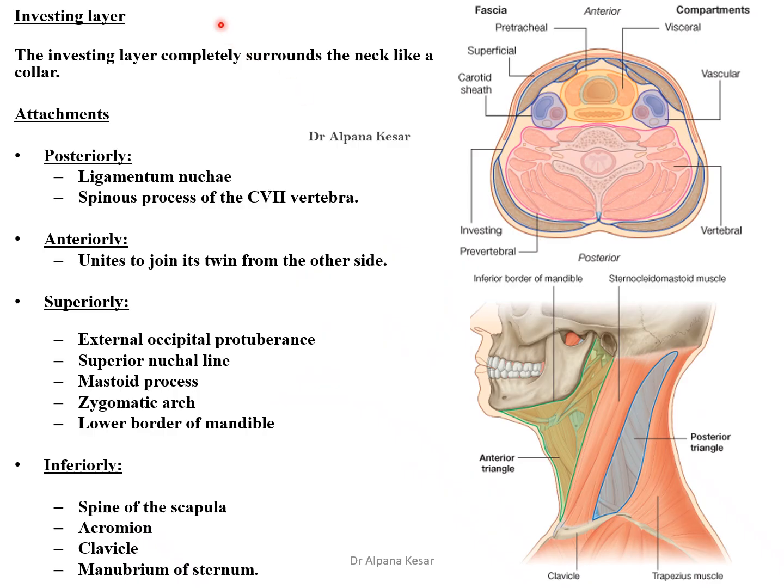Investing layer of deep cervical fascia. It completely surrounds the neck like a collar. Its attachments are as follows. Posteriorly, it is attached to the tip of the spinous process of the 7th cervical vertebra and to the ligamentum nuchae, which is a ligament attached to the tip of the spines of the cervical vertebra.